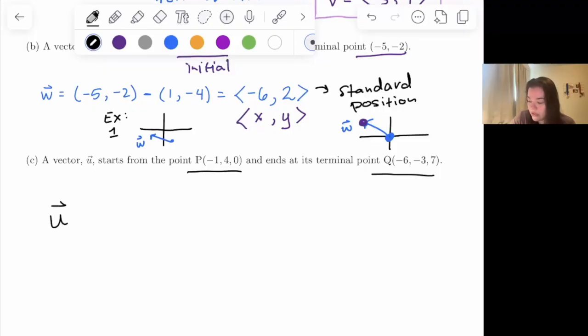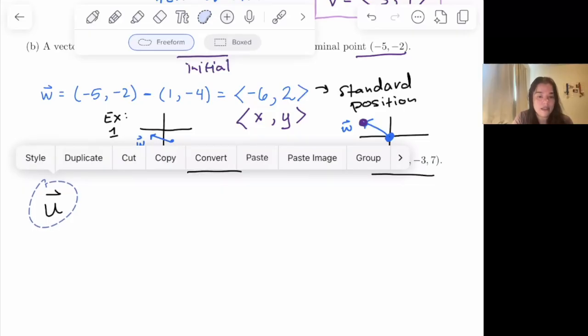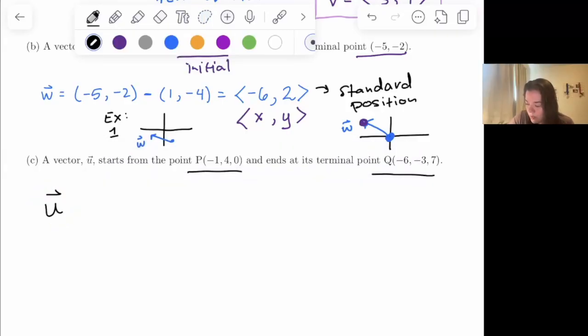Vector u, so I put the little u and the vector sign above it, can also be written as the vector that goes from P to Q, point P to point Q. Both of those say the same thing.